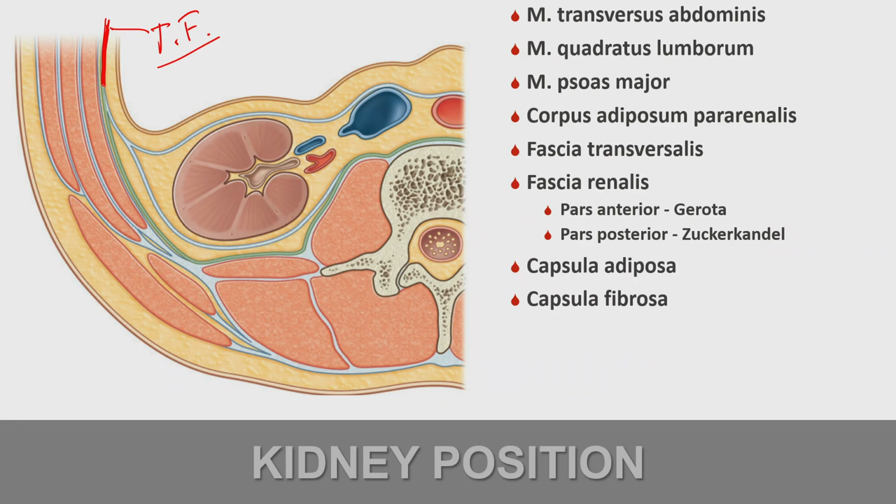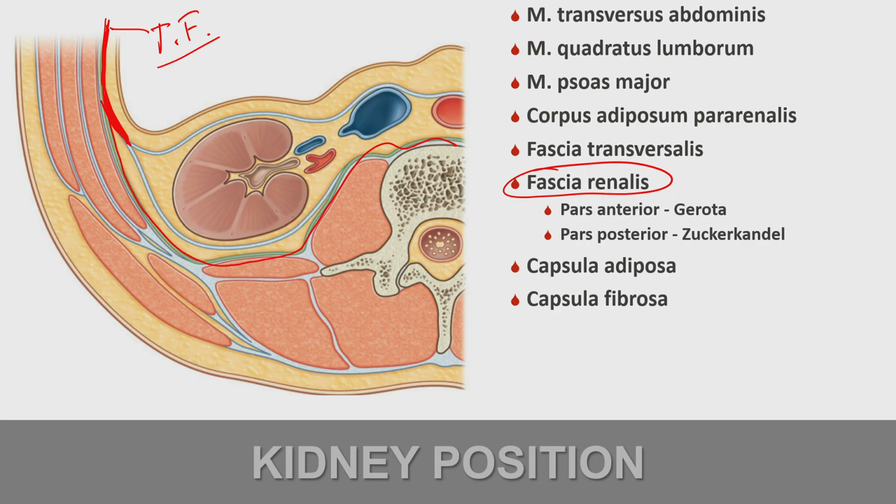And this fascia is going this way. Here you have one side product, which is called fascia renalis, the renal fascia, which is split into the anterior and dorsal sheath. The anterior sheath is called Gerota, the dorsal Zuckerkandl.